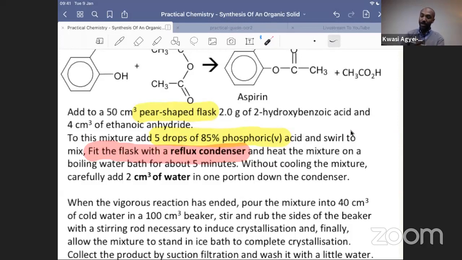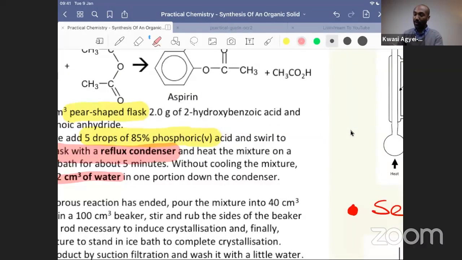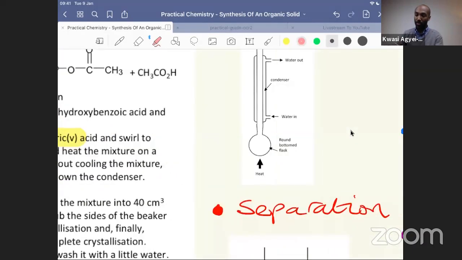Okay, so we're going to do that for 5 minutes, and then without cooling the mixture, we're going to carefully add 2 centimeters cubed of water in one portion down the condenser. So we'll talk about what that water is doing shortly, but here's what we mean.